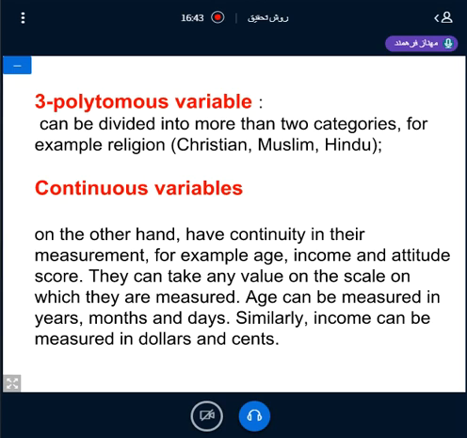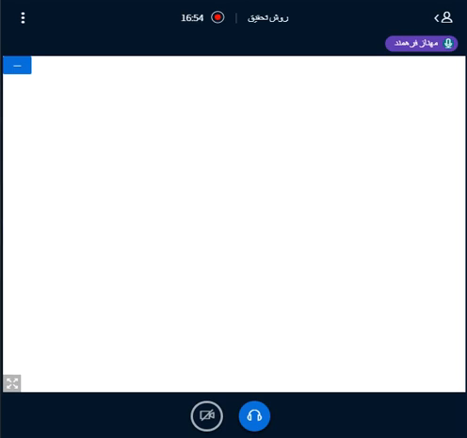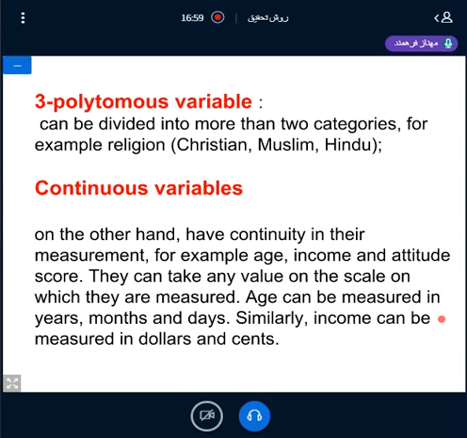And then we are going to study continuous variables. What are continuous variables? Continuous variables, on the other hand, have continuity in their measurement. You can understand from the name, continuous variable, continuity in their measurement. For example, age is numeral, we can measure it.